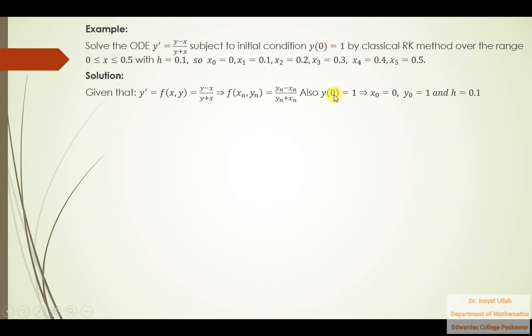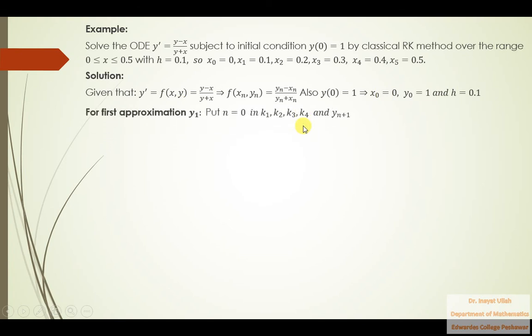So from here we see that x naught is 0 and y naught is 1, and h is already given to you, which is 0.1. So this data is given to you.